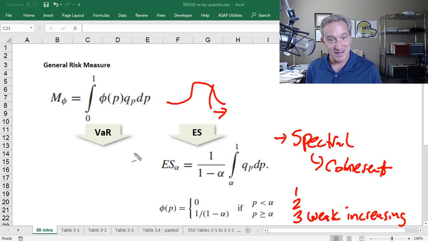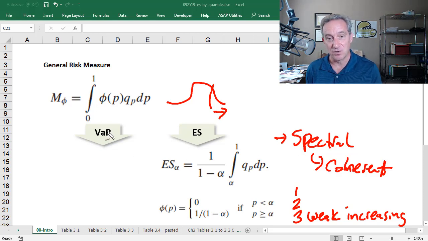So to recap, both VaR and expected shortfall are versions of the general risk measure with different risk aversion weighting schemes, where expected shortfall is the only one of them that is spectral because its weighting scheme is weakly increasing, right? Expected shortfall is both general and spectral.